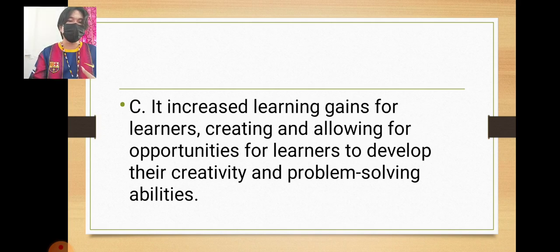Of course, the main focus of using ICT is to increase the skills and knowledge of our dear learners. Because upon increasing their learning, they could be able to construct from that. Through linking it, they could become creative and they could also become problem solvers.